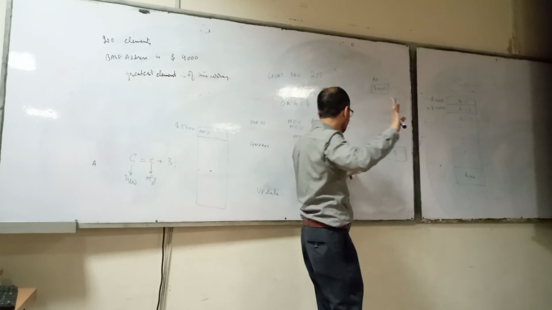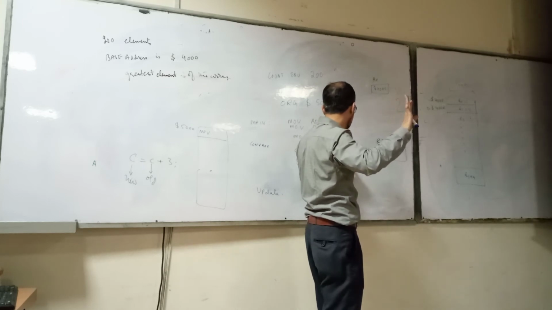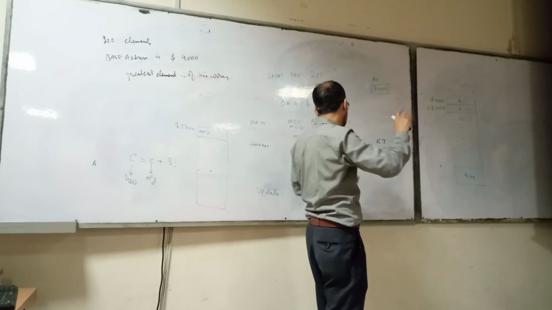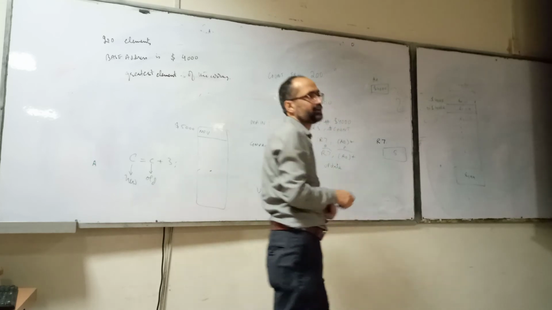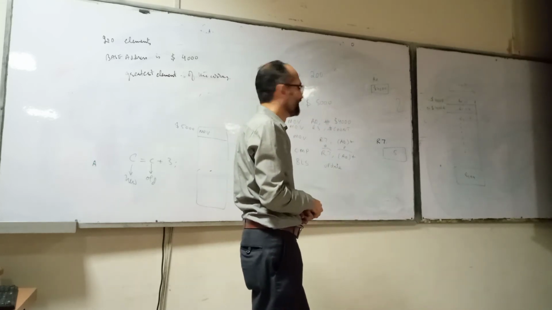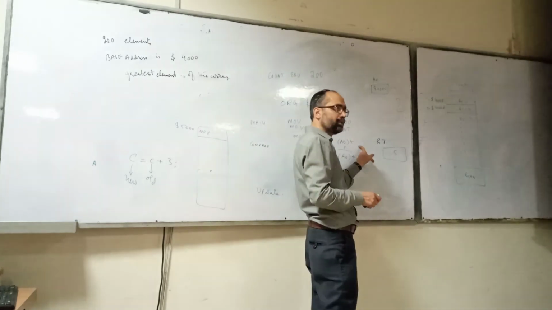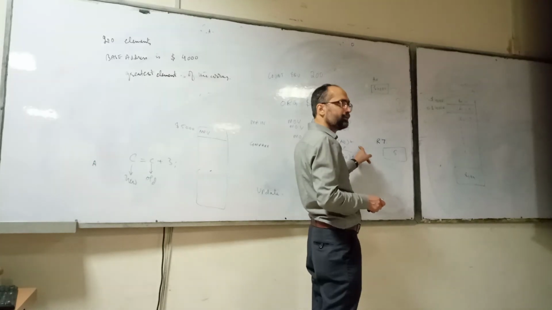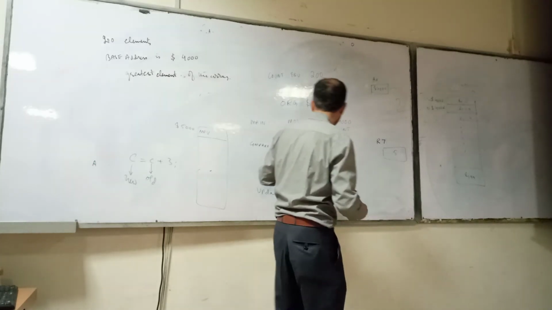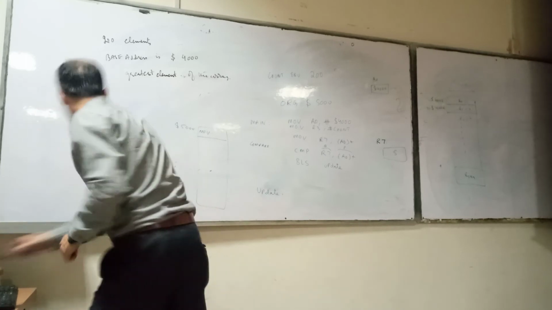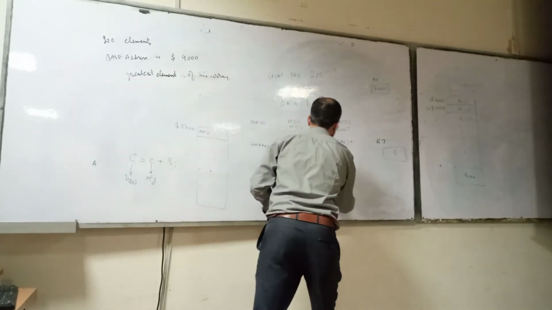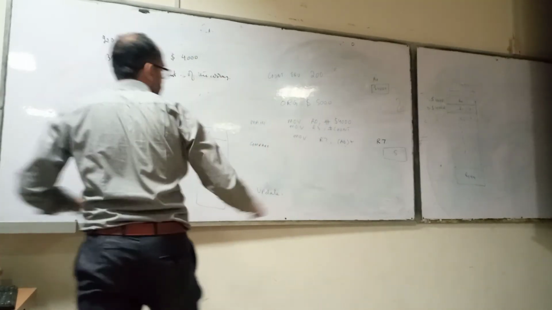What is the contents of A0? 9. But we need to do A0 plus again here, because you are using a post-increment addressing mode. And I will explain why I am doing it like this.